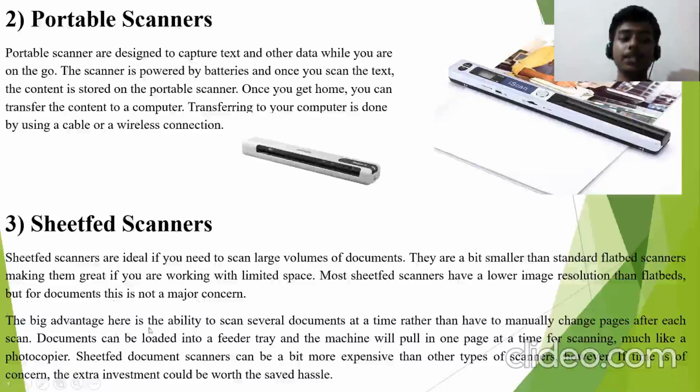The big advantage here is the ability to scan several documents at a time rather than having to manually change pages after each scan. Documents can be loaded into a feeder tray and the machine will pull in one page at a time for scanning, like a photocopier.